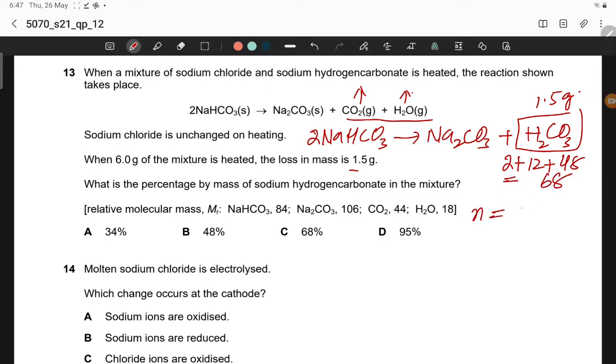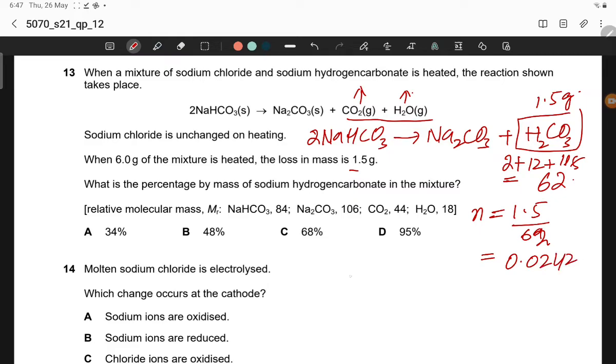Let's calculate mole of H2CO3. 1.5 divided by 62 is equal to, this will be 62. So the moles are 0.0242.